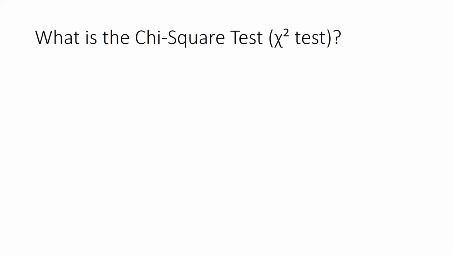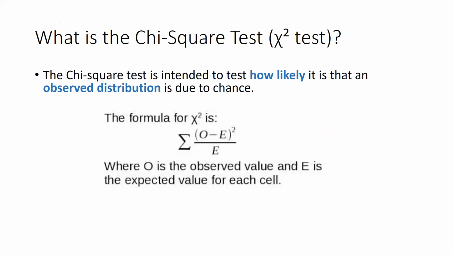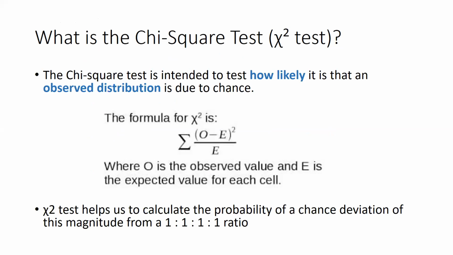So chi-square test, this is essentially allowing you to find the probability of a chance deviation from the expected ratio.